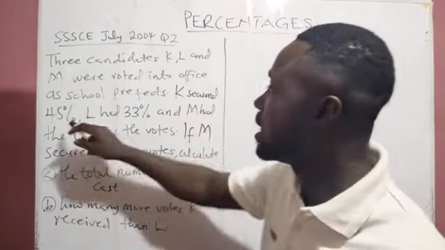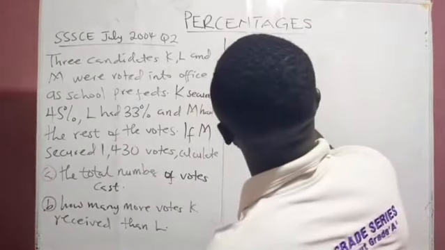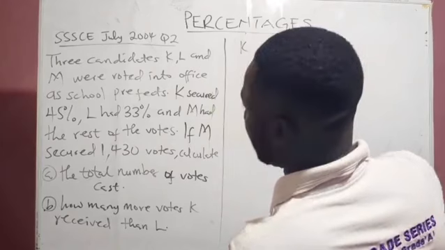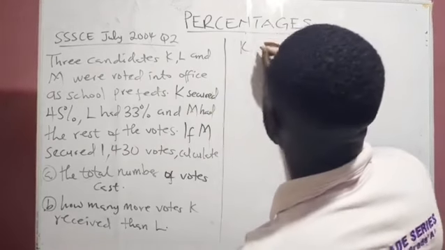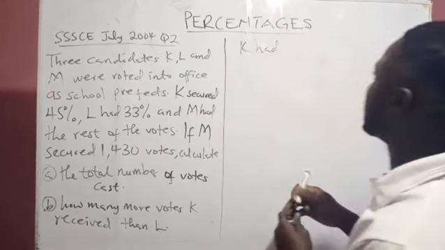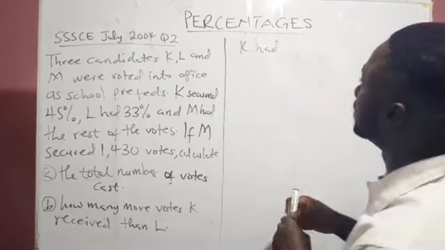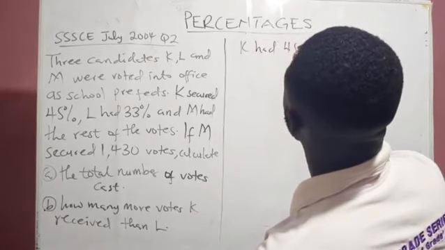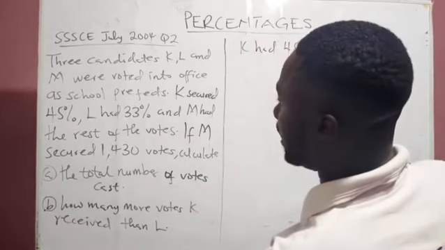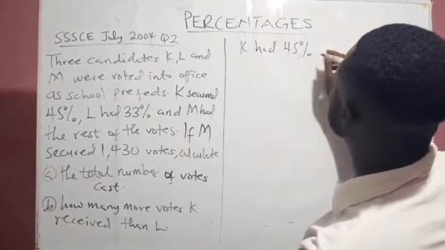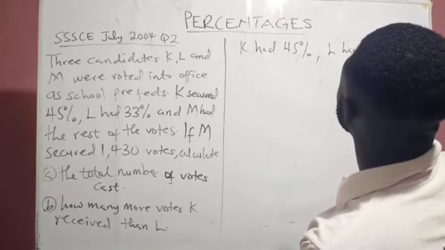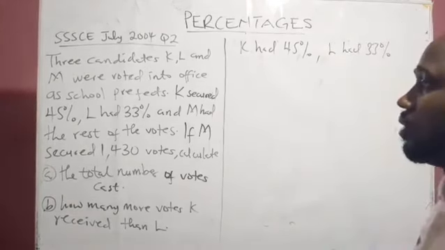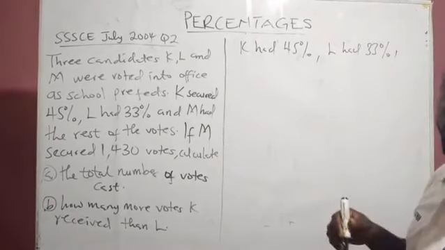However, we were given K had 45%. L had 33%. And M had the rest. So we know that the total vote is 100%.